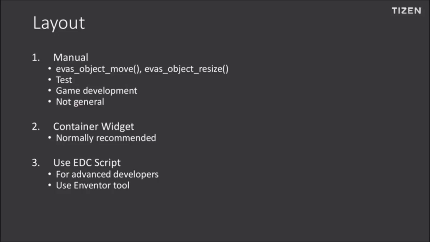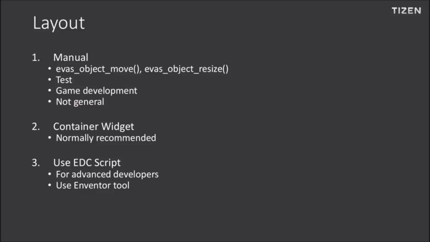So when you install this application into different devices, it's not guaranteed to be shown in a correct way. So I don't recommend you to use this way to write general applications. Do this when you test something or when you write game applications.